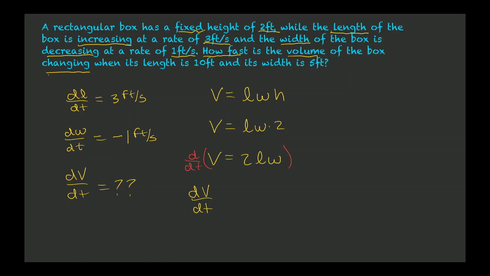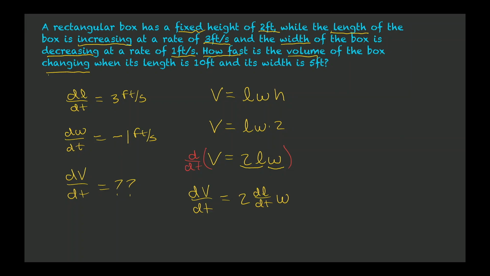On the right, we have 2l times w. I said times there because that implies that we need to use the product rule. So we're going to take the derivative of this, thinking of 2l as our first term and w as our second term. The product rule says take the derivative of the first term, so 2l would be 2, and then the derivative of l is dl/dt, and then leave your other variable alone, so just w.